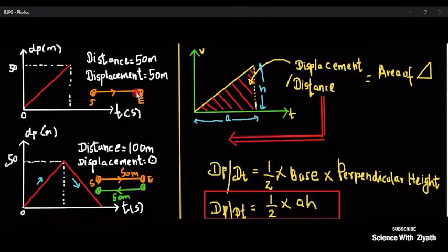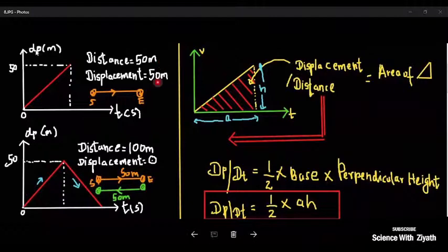You're moving 50 meter. If you're moving 50 meter, the total length the object has traveled is 50, and that's why the distance is 50 meter. And the distance between the starting point and ending point is also 50 meters.